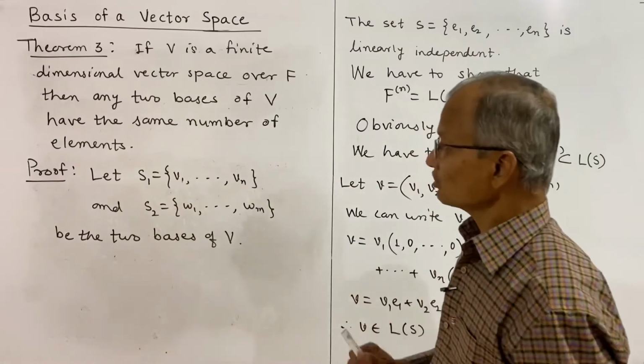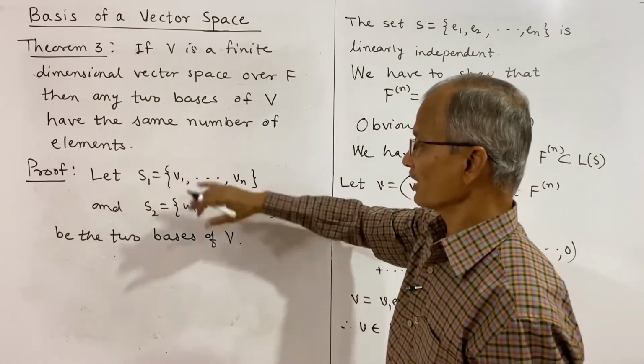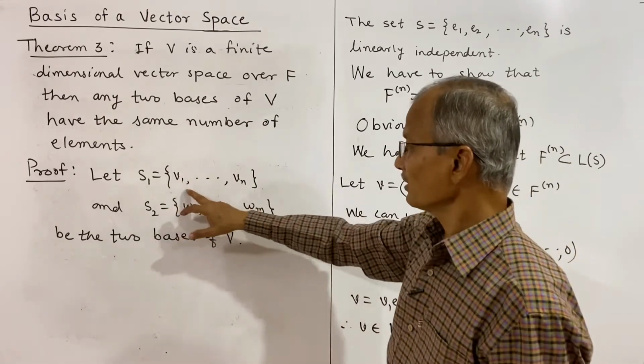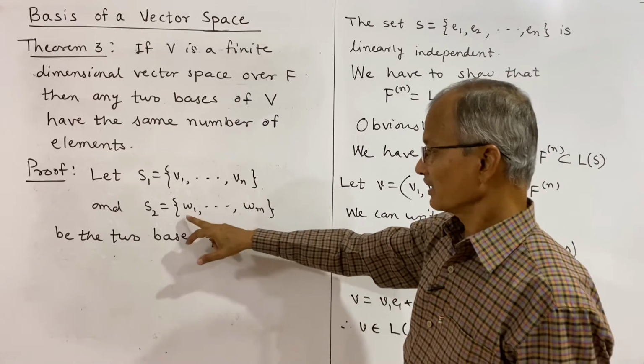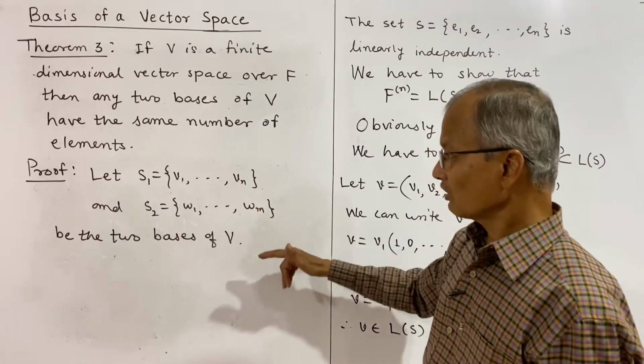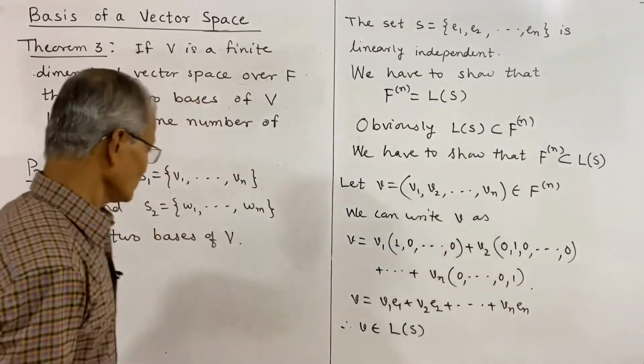Now what we have to show is that these two bases contain the same number of elements. That means here how many elements are there? n, and here m elements are there, and they are two bases of V. We have to show that n is equal to m. So this we have to show.